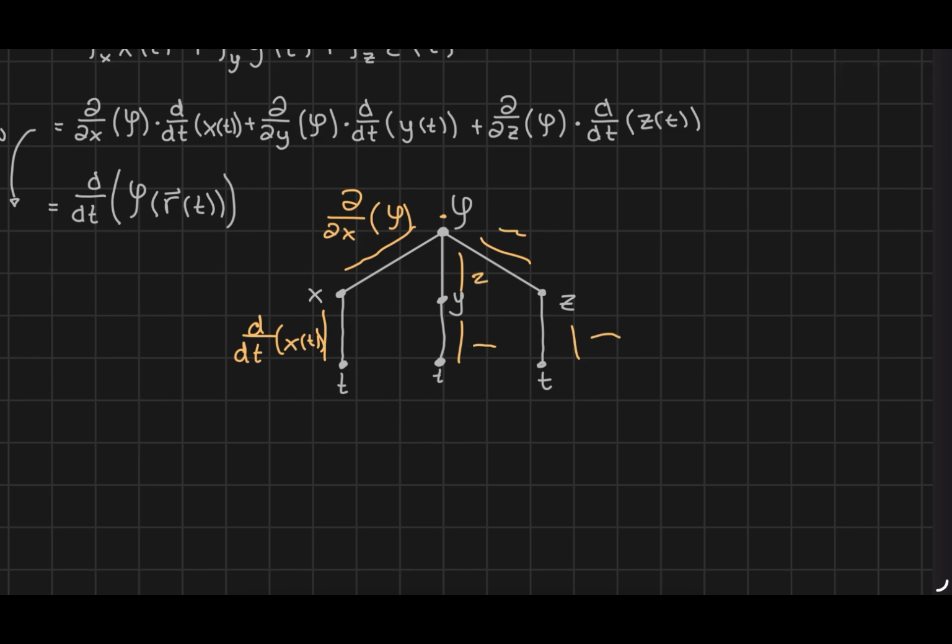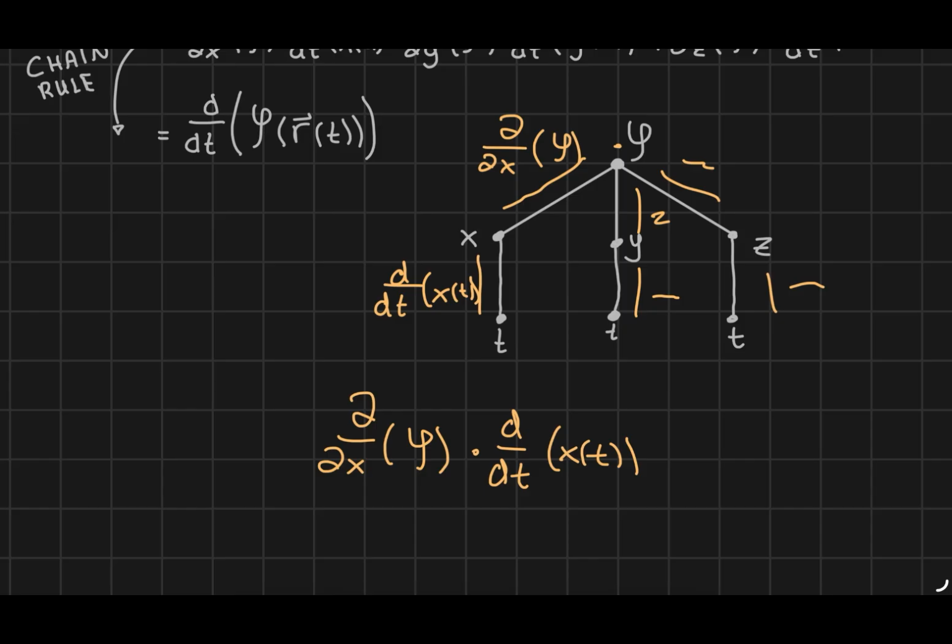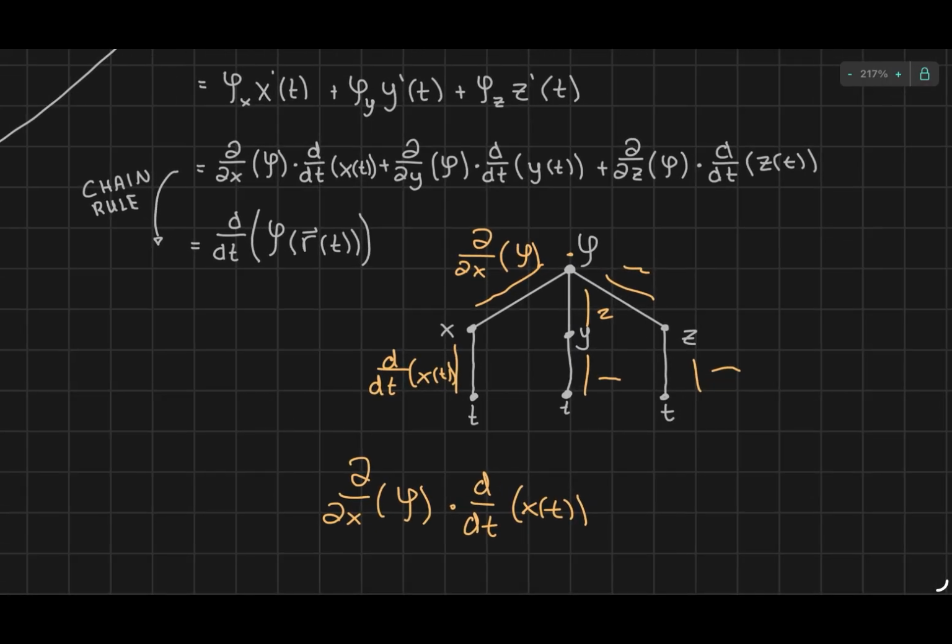As you can see, the chain rule states here d dx of phi times d dt of x of t, and that's going to be exactly what I wrote here, and so on and so forth. This is pretty much just using the chain rule, right? So that is the proof for it.